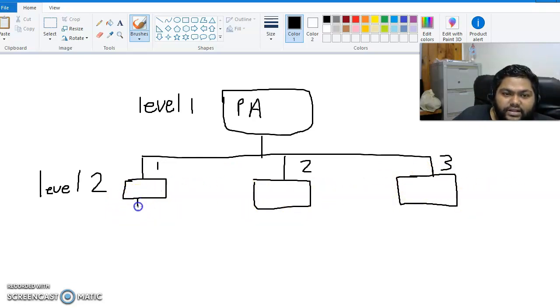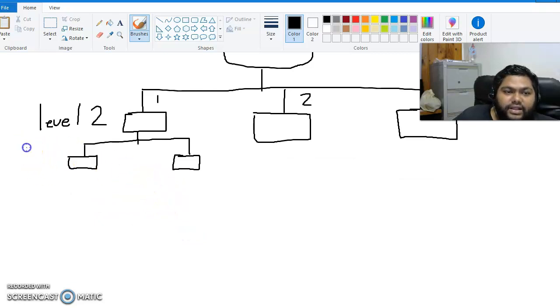Under the phases, you can have important tasks assigned to that. So I will continue breaking down phase 1, and then you can call that level 3, and then you continue breaking these down here.